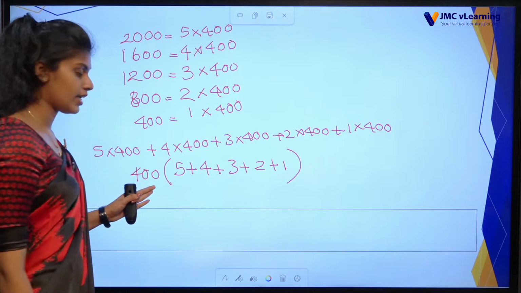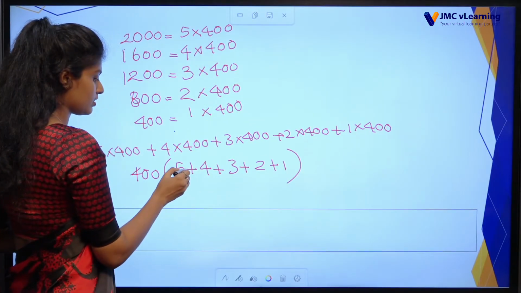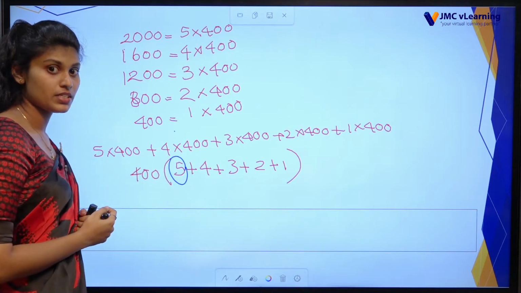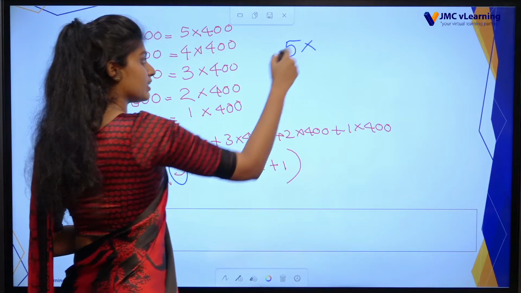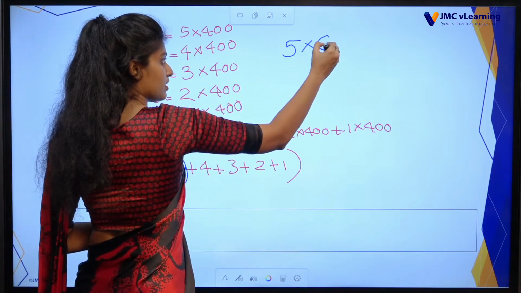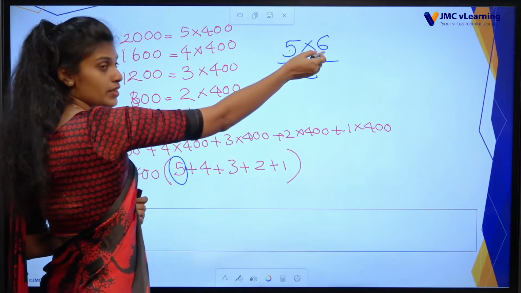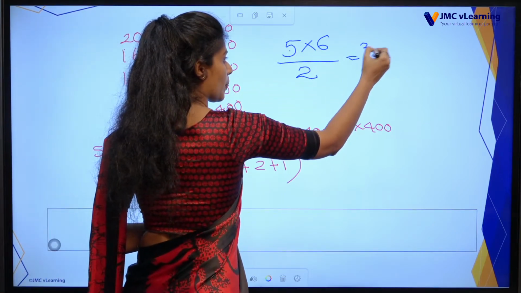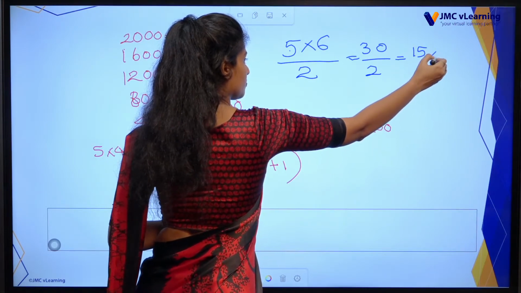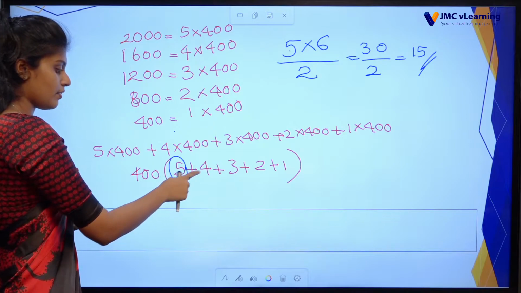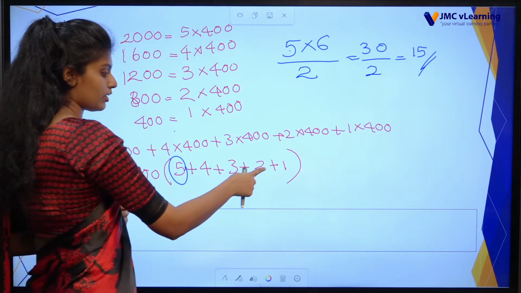Then how can you take the value of them without adding? Here the largest value is 5. You can multiply 5 by the next number, it is 6, and divide by 2. 5 into 6 is 30, 30 divided by 2 is 15. Then 5 add 4 add 9, 9 and 3 12, 14 and 15.